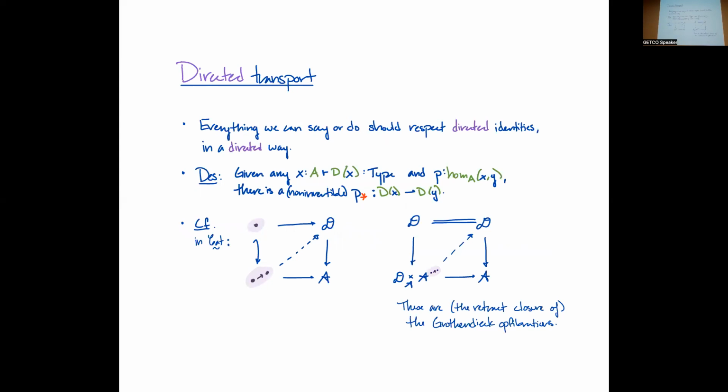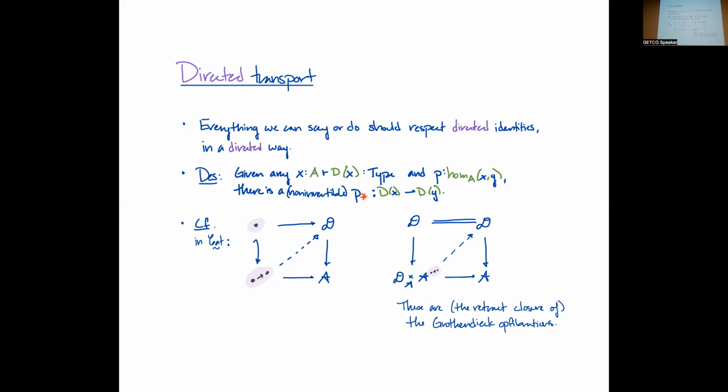So we talked a lot about transport, and that's because it's the one thing that you are really trying to capture when you develop directed homotopy type theory. Just as in homotopy type theory everything respects identities, in directed homotopy type theory everything should respect directed identities in a directed way. That's the one thing here that we're trying to build a world around.